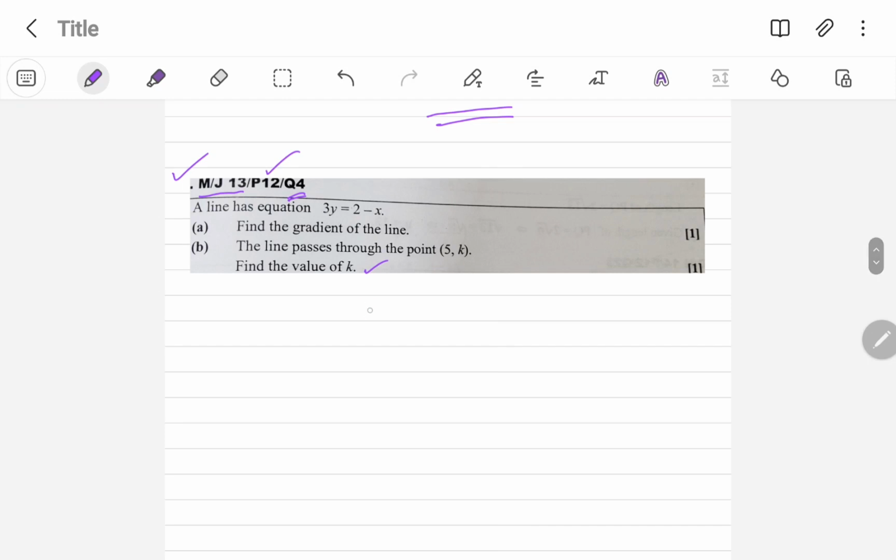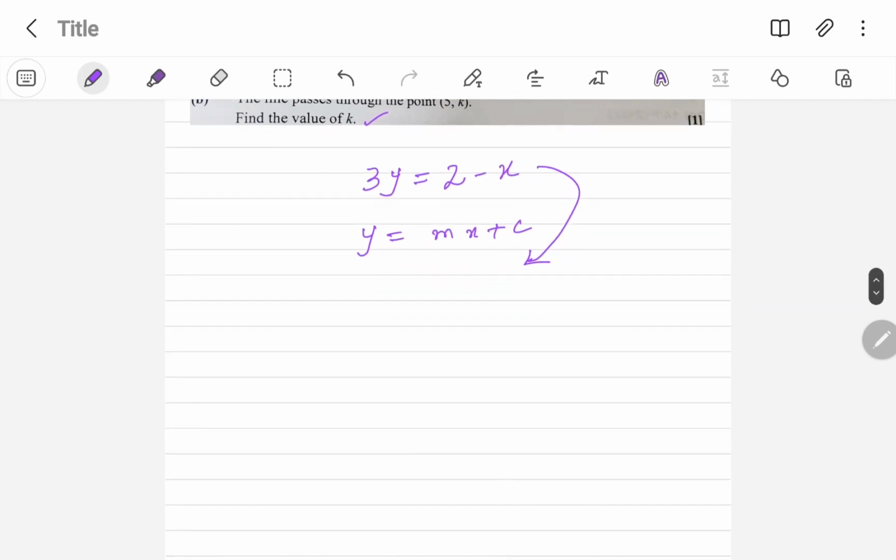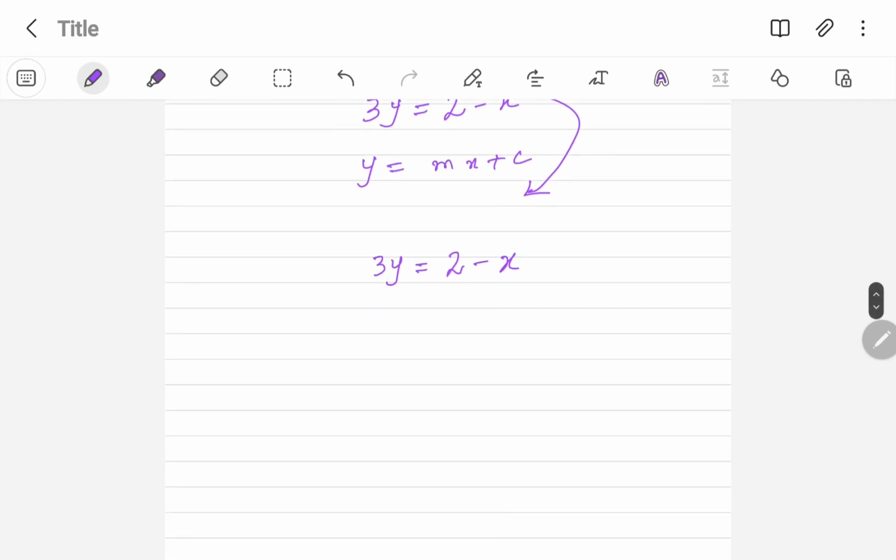तो इसके हम जो इक्वेशन गिवन है इसको रीराइट करते हैं। 3y इज इक्वल टू 2 माइनस एक्स. The standard equation of line is y is equal to mx plus c. तो हम इस इक्वेशन को रीअरेंज करते हैं। 3y is equal to minus x plus 2.